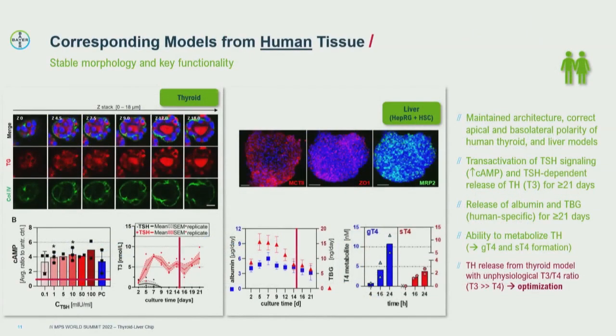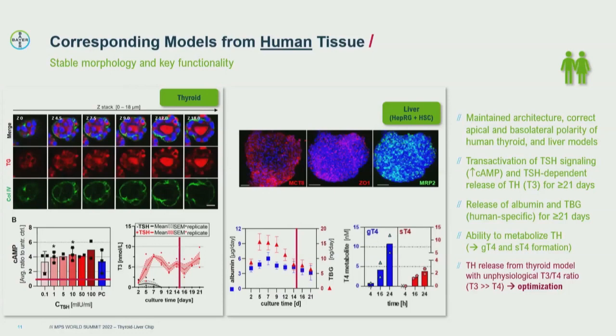Now switching to the human system, I can keep this brief. We did more or less the same. For the thyroid model on the left-hand side, we isolated the thyroid follicles from surgery material, embedded them into hydrogel, and placed them in a chip. And you can here see, for example, as in the rat, thyroglobulin, which is the key component in the lumen.